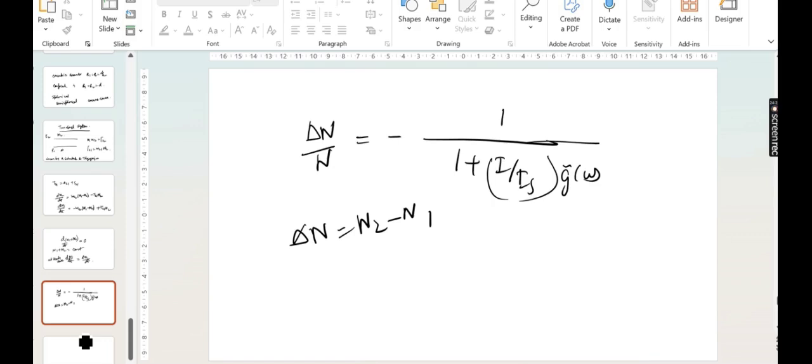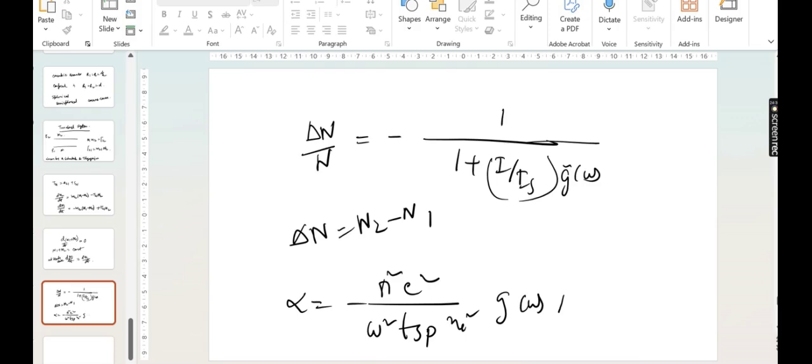After all this calculation, alpha is given as minus pi square c square over omega square, t spontaneous, n naught square, g omega, delta n. When I is less than Is, we have a loss problem.